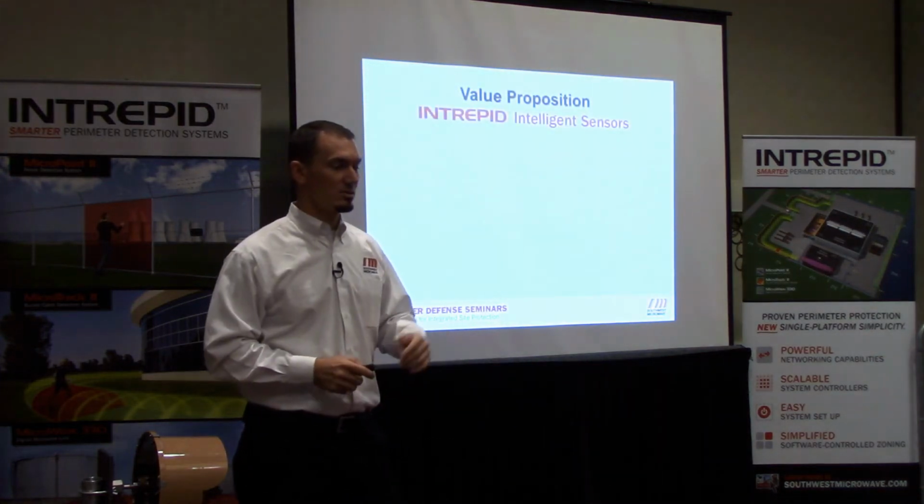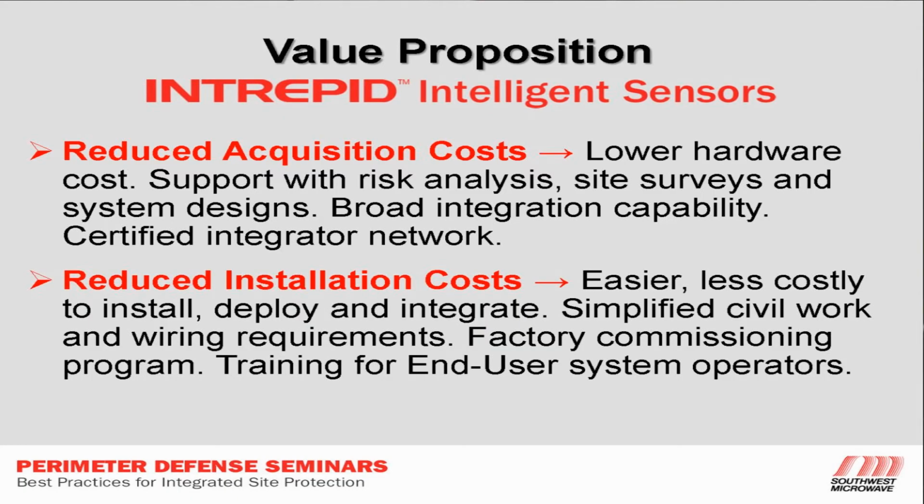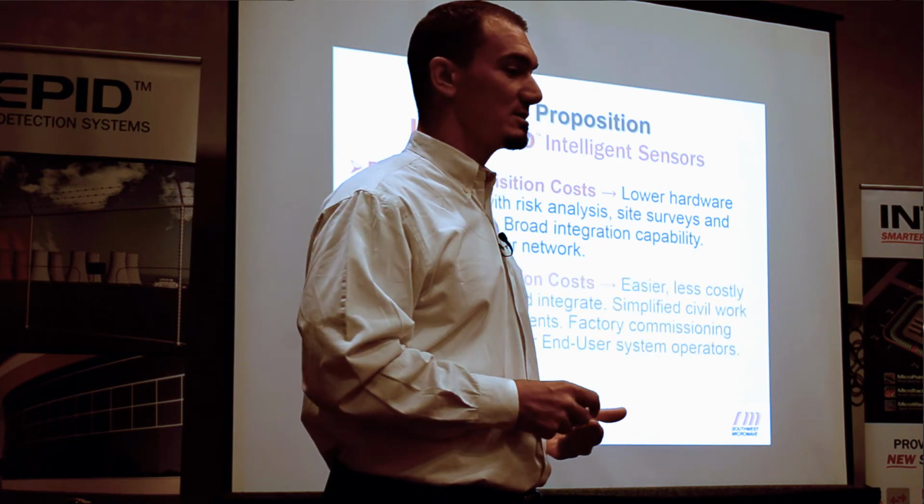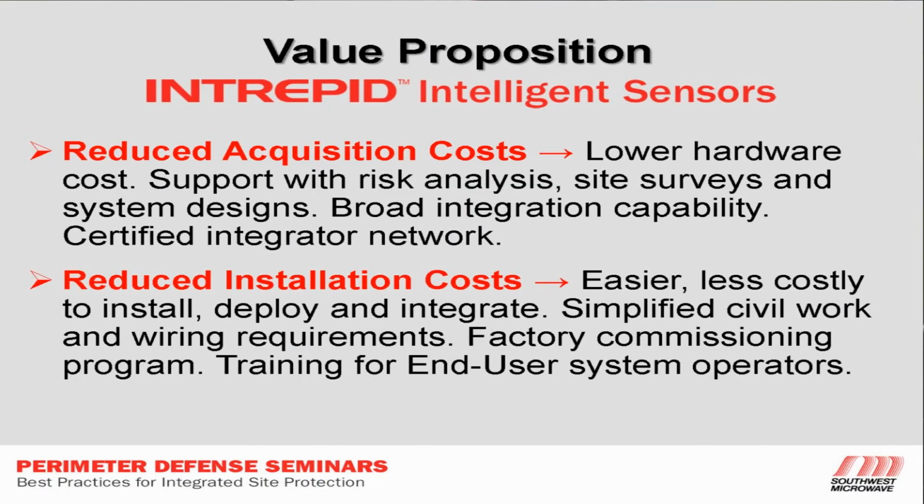So our intelligent sensors, the value proposition is that we have reduced acquisition costs. Our systems are less expensive as a whole than the majority of our competitors because we're using less equipment on site. Our systems use less infrastructure. That means less civil work. That means lower expenses for installation.